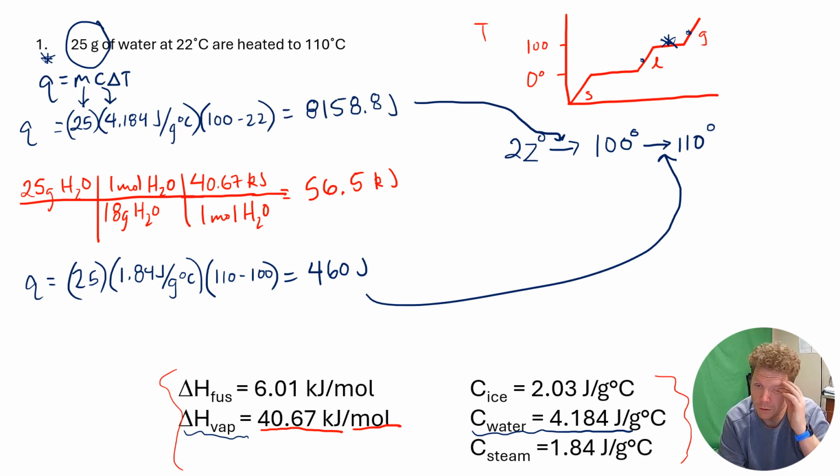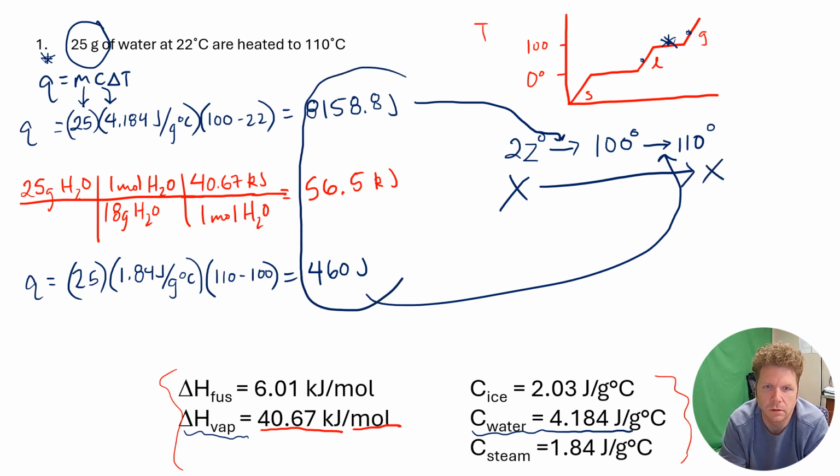So the heat to go from here to here is a combination of all these things. It is very tempting to get those numbers, add them up, and move forward. But we have to realize that our units are different: joules, kilojoules, and joules. So we need to convert from joules into kilojoules. 8,158.8 joules is the same as about 8.16 kilojoules.